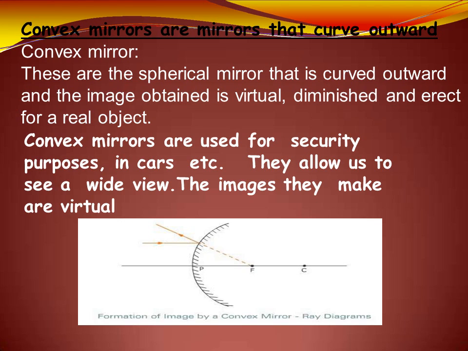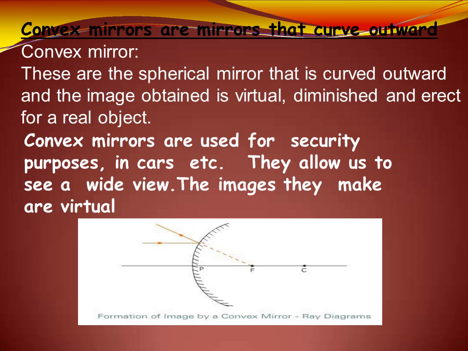So let's talk about the convex mirror now. What are convex mirrors? They are spherical mirrors that are curved outward, and the image obtained is virtual, diminished and erect for a real object. Virtual means opposite from left to right, diminished means smaller in size, and erect. Convex mirrors are used for security purposes in cars etc. They allow us to see a wide view.